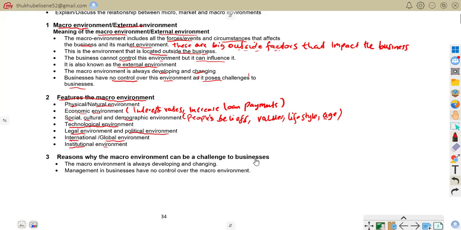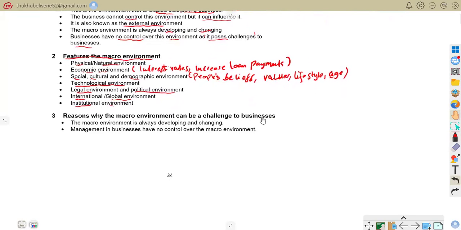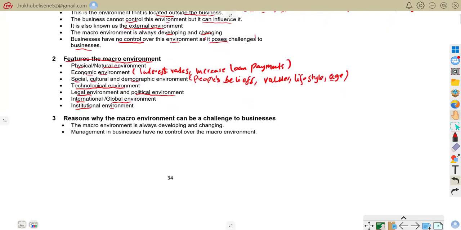So now let us move on to the reasons why the microenvironment can be a challenge to a business. It says the microenvironment is always developing and changing.